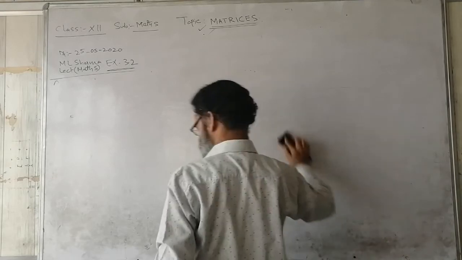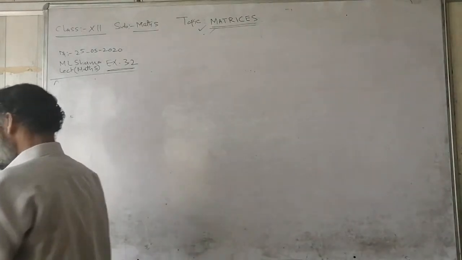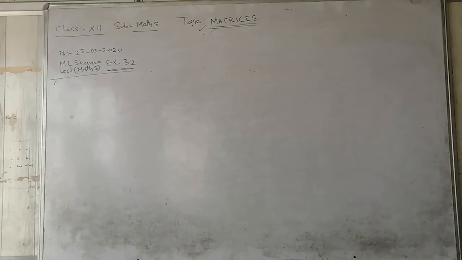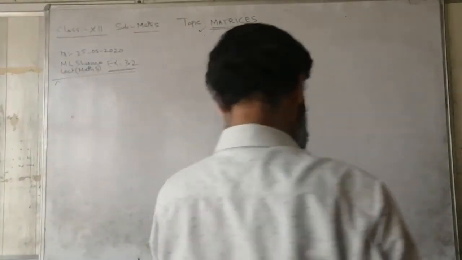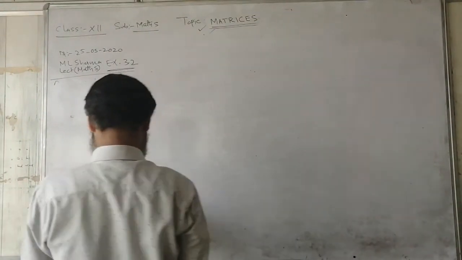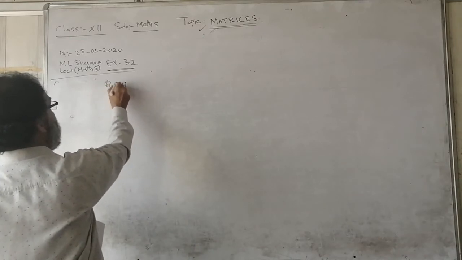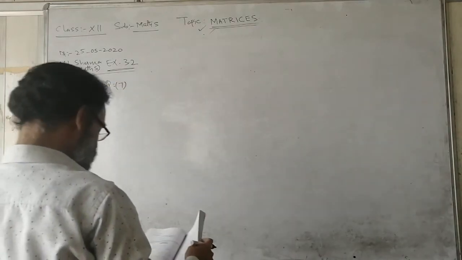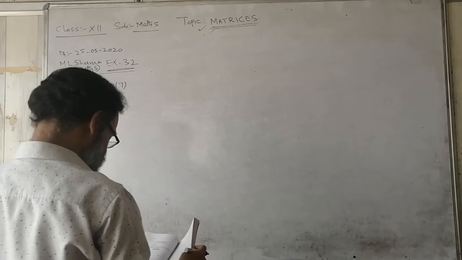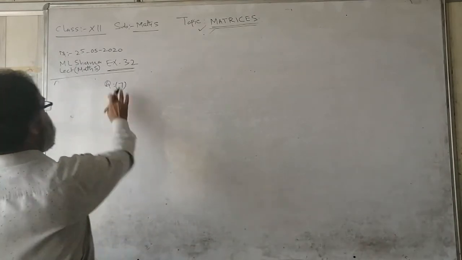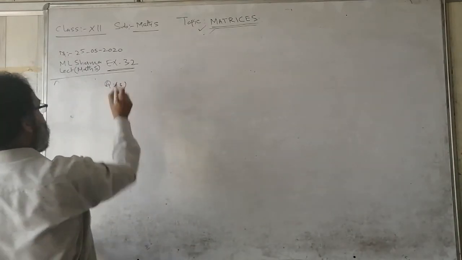So in this way we multiply the matrices. So another question, question 7 is... now another part of the third question I can take.